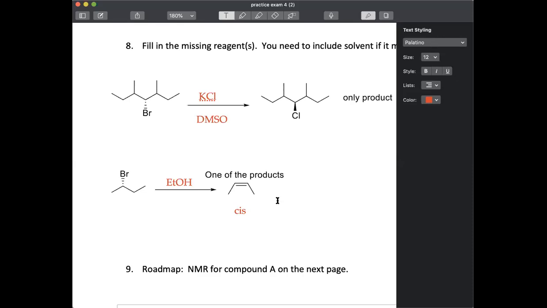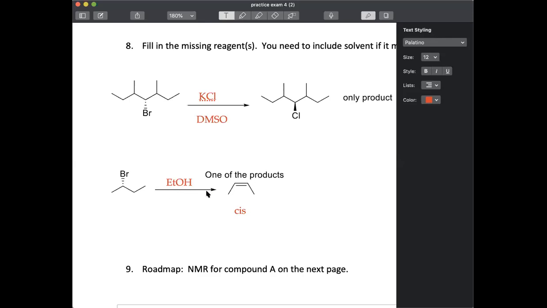All right. Questions about this? I think the easiest way you could have done this is the SN1 E1 route, because this is one of the products, so you can assume there's other stuff there. And I think the most prevalent pathway that has multiple products, including elimination, is the SN1 E1 route.